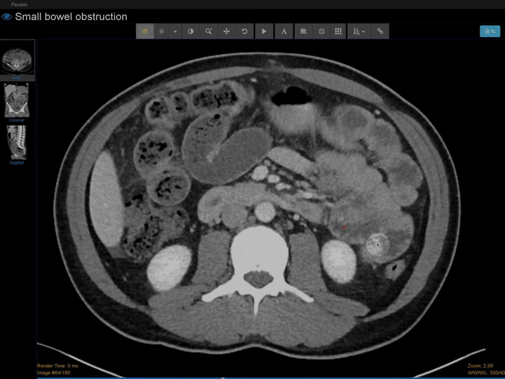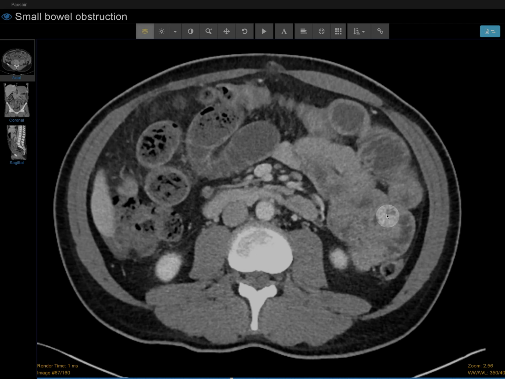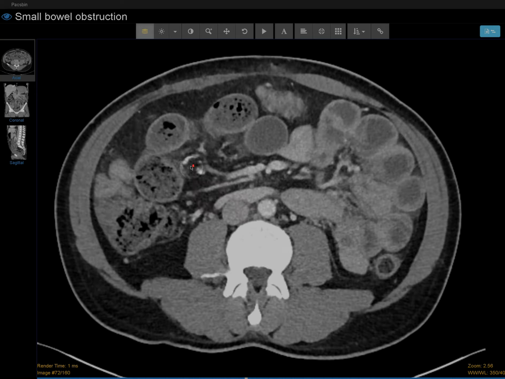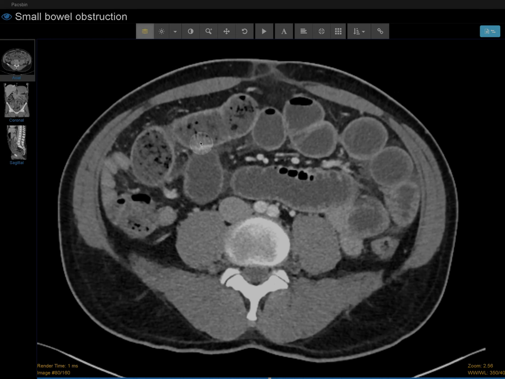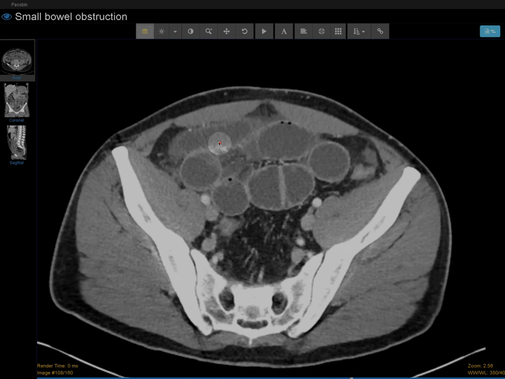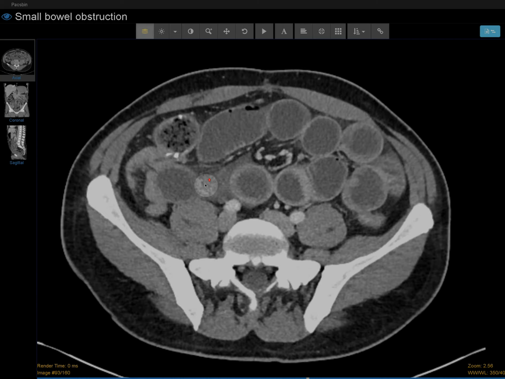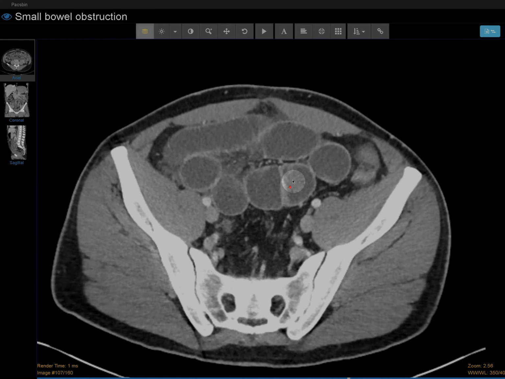For example, even if I come here, which is normal bowel, and compare the enhancement pattern here to, let's say, here, or even in these fecalized small bowel loops, they seem pretty uniform. So I'm just following, looking at the bowel wall. The bowel wall enhancement is pretty normal. So no, I'm not convinced that there's ischemia.